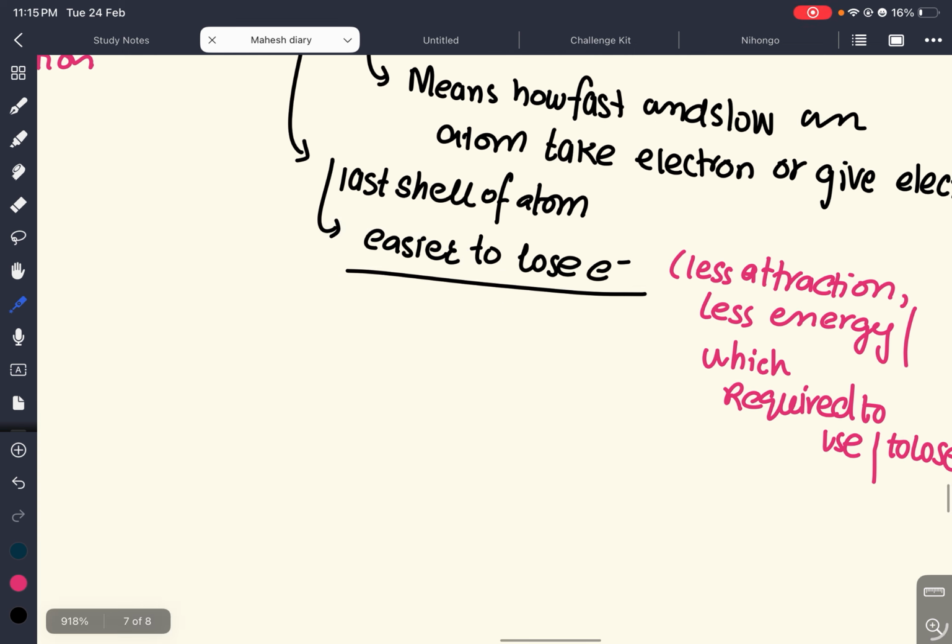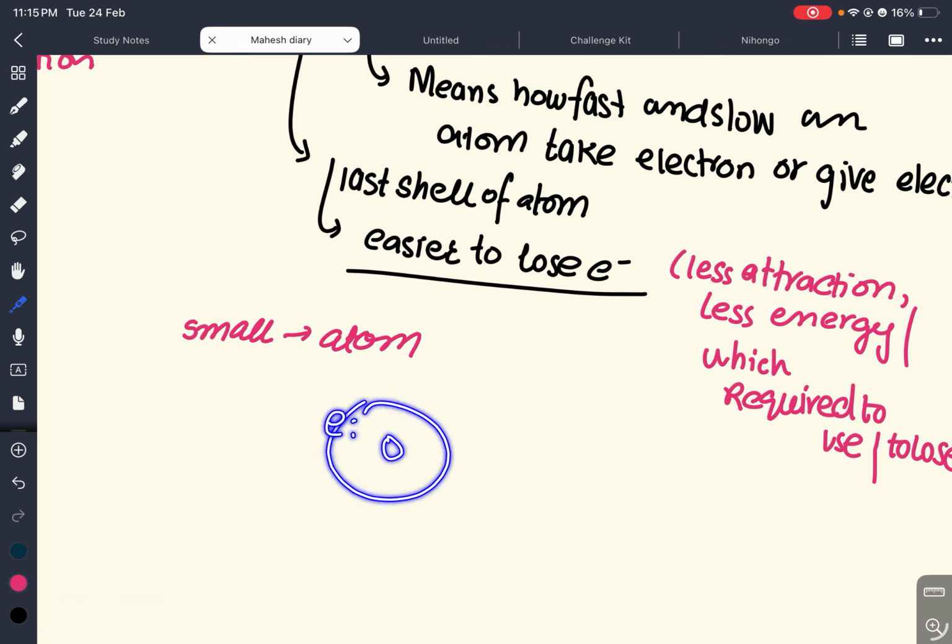And if we have a small atom with electrons, it has more connectivity, more energy, and is more connected to the nucleus. So gaining an electron is easy.